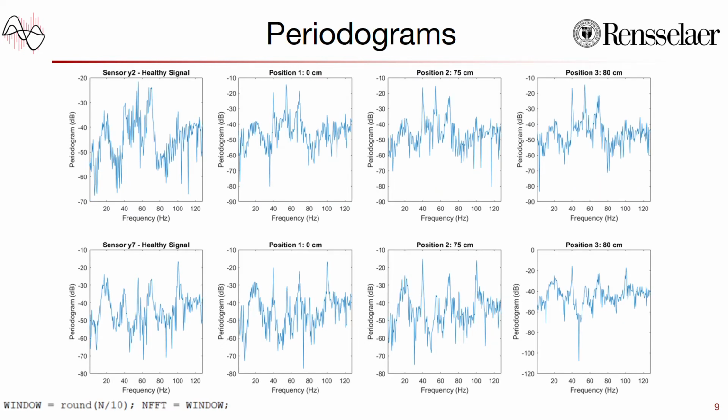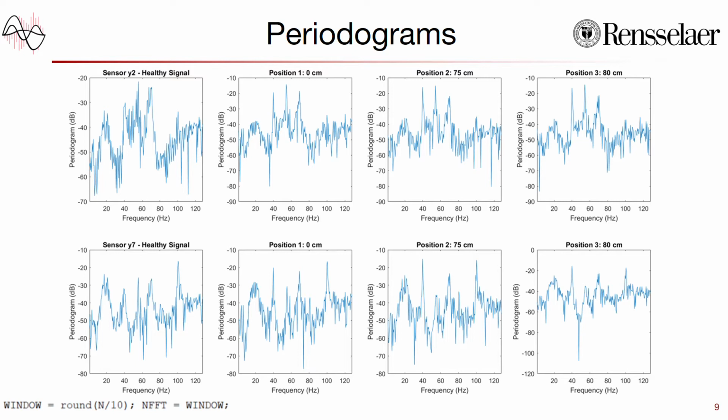Next, I plotted the periodograms of both response measurements. For sensor Y2, you can see how the healthy signal compares to the, we'll put air quotes, damage signals.